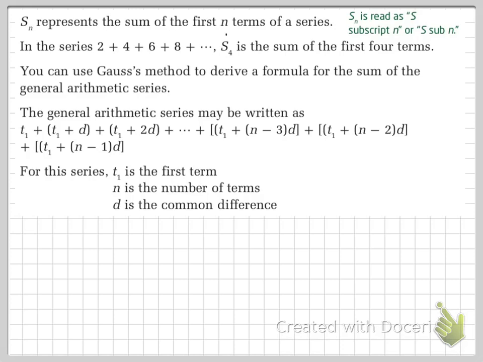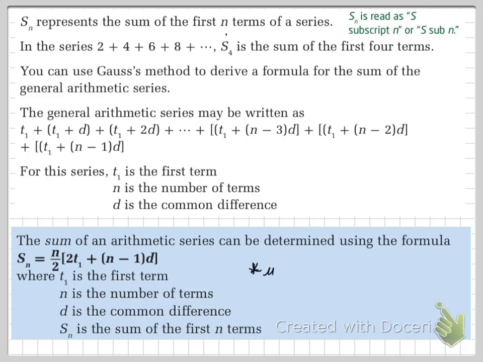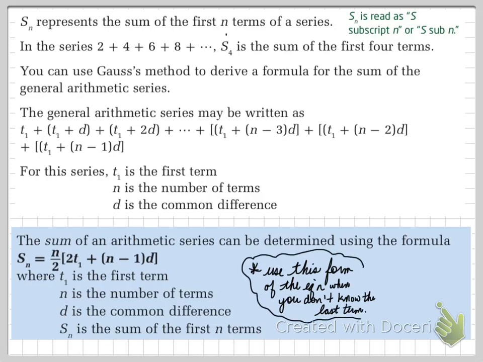You're going to end up with this equation. The sum of an arithmetic series can be determined using this formula: Sn is equal to n divided by 2 times, 2 times the first term plus n minus 1 times the common difference. We use this form of the equation when we don't know the last term.